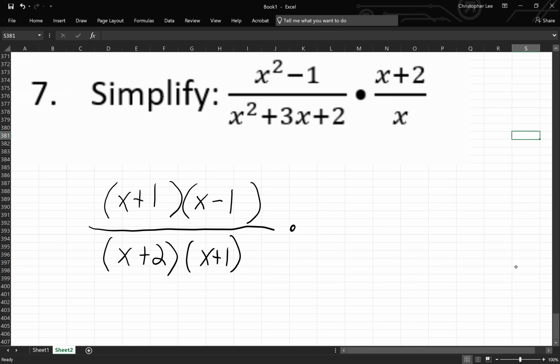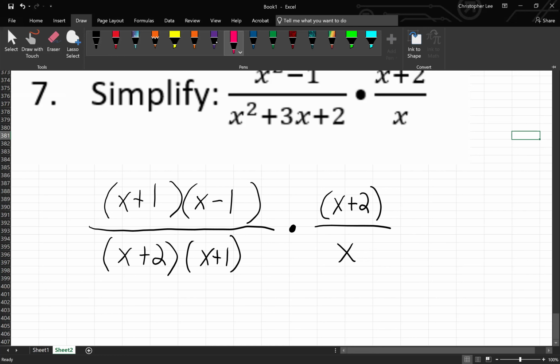Not that bad, right? I'm going to use a dot multiplication in this case because I have x's in this expression. And then I'm going to have what on top? X plus 2 divided by x. Now, all you have to do is just cross out the like terms. We could cross out up and down, or we can do diagonally. So tell me, what are some like terms here that you see?